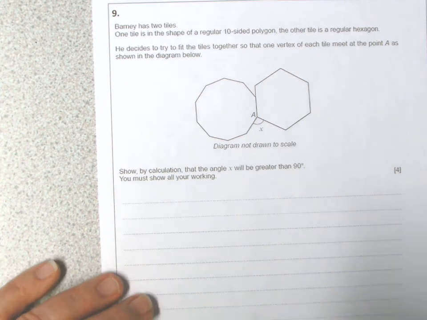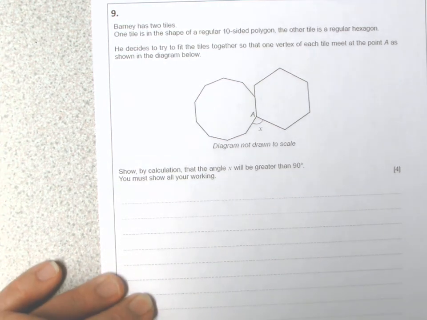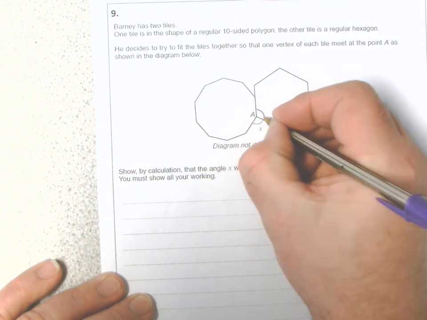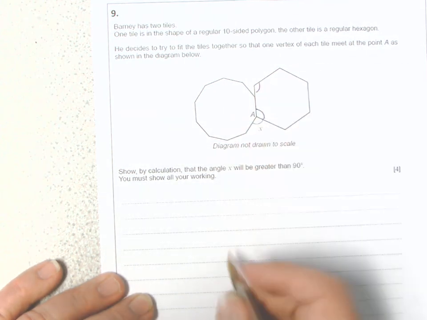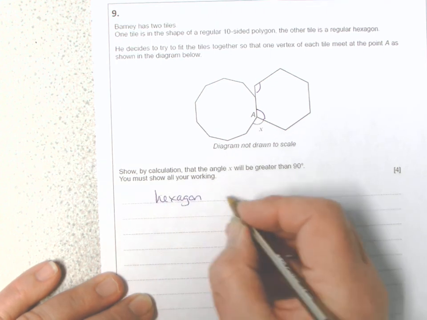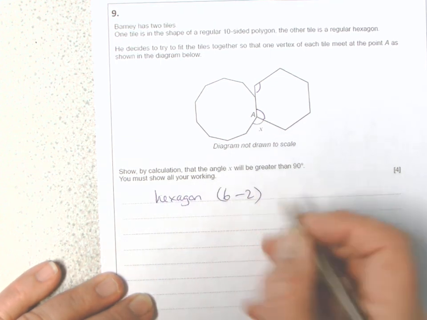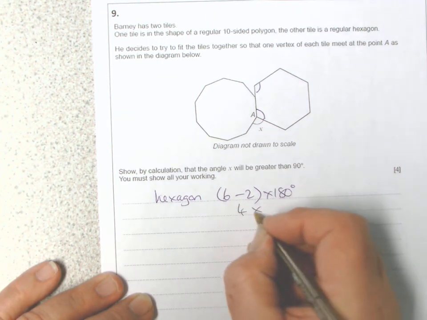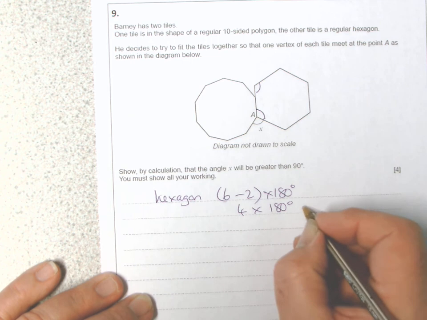Okay, we've got a 10-sided polygon and a regular hexagon. So first job then, we'd find these angles in the hexagon. So for the hexagon then, 6 sides, take away 2, then times it by 180. That's 4 lots of 180.